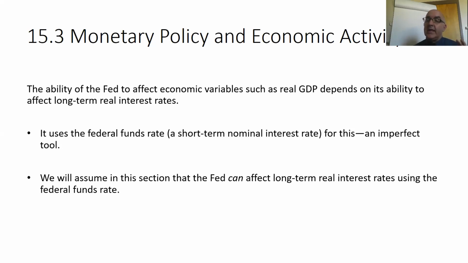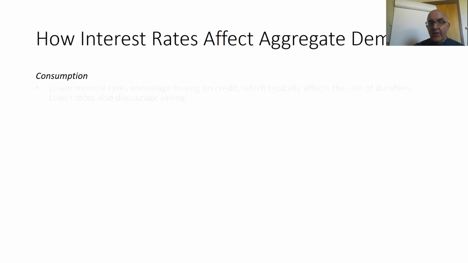And it uses, firstly, the federal funds rate, a short-term nominal interest rate for this. This is the discount rate, the rate at which the Federal Reserve can lend to high street banks, and also the open market operations, their ability to expand and contract the money supply. These are the two methods they can use to influence the interest rate.